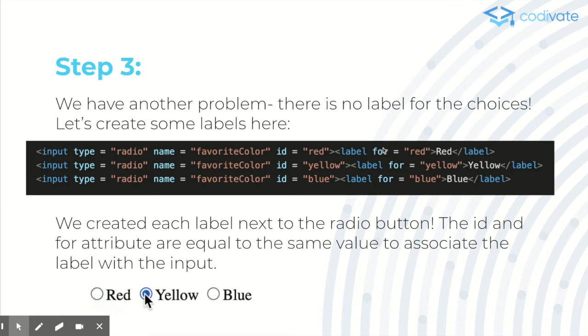We have to associate our input with our label, so we put for and ID to create that association. I know there seem to be a lot of attributes for the input, but once you understand what each attribute is doing, it's not that difficult and it's not that overwhelming. So we created each label next to the radio button, and the ID and for attribute are equal to the same value to associate the label with the input.